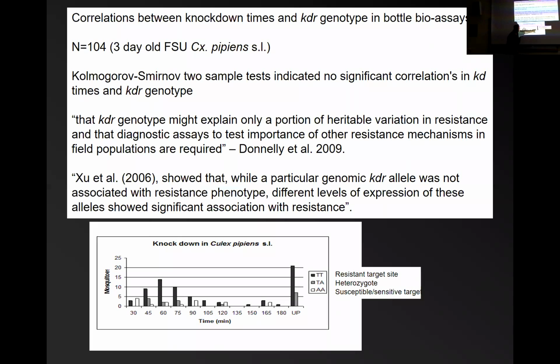So individuals that are heterozygote might very well be just expressing the susceptible allele. That's why most of them get knocked down earlier in the bottle than later. But once again, we see these outliers. So it's a difficult question between genotype and phenotype, and expression of proteins that we need to take into consideration.